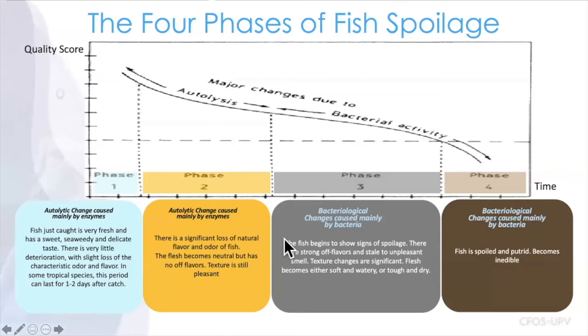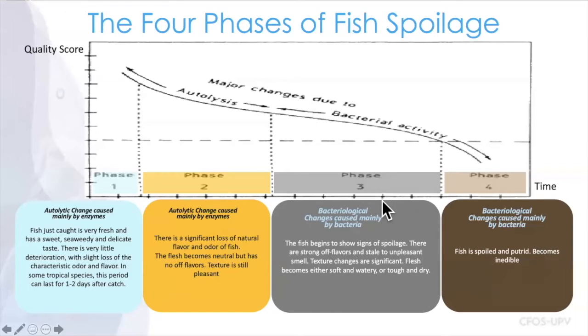And in phase 3, there will be bacteriological changes in fish caused mainly by bacteria. And at this phase, the fish begins to show signs of spoilage, while in the fourth phase, fish is spoiled and putrid and becomes inedible and unsafe for consumption, unsafe for consumption na siya.